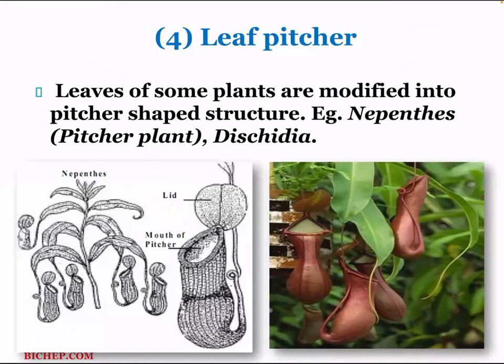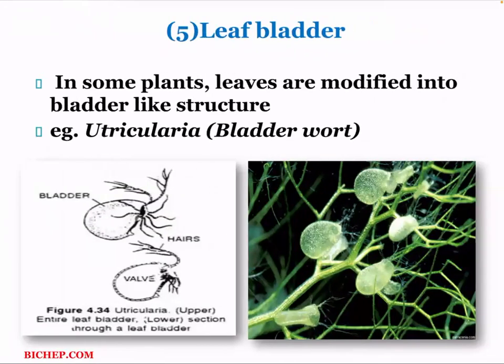Take the screenshot. Now bladder, a small pouch-like structure. Bladderwort is the example plant. It is modified into a bladder-like structure. If you see the picture or diagram given, you can see the bladder formed by the leaf. Take the screenshot, please.